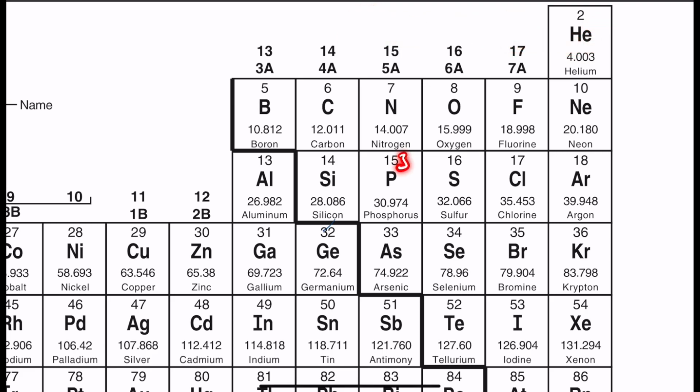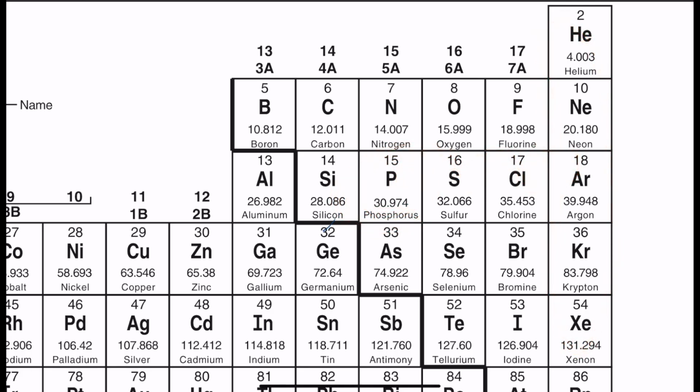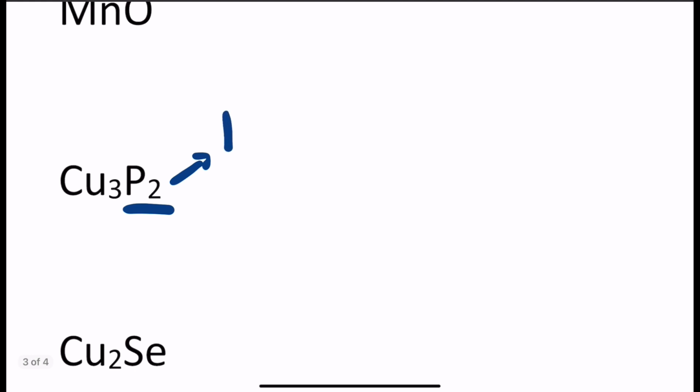So it's going to have a 3- charge. Or you could think about it as you need to go 1, 2, 3 spaces over to the noble gas column, which means it's going to have a 3- charge. Remember, your nonmetals always gain electrons to become a negative charge. So each phosphorus is going to have a 3- charge.